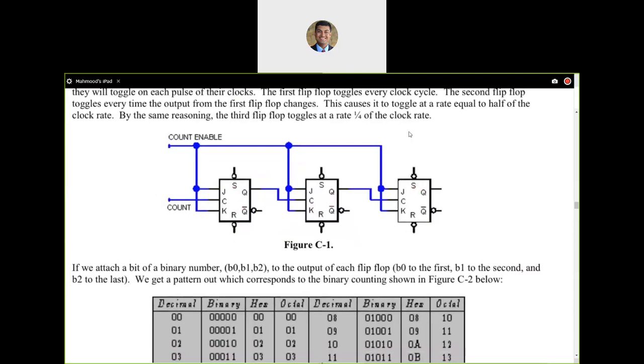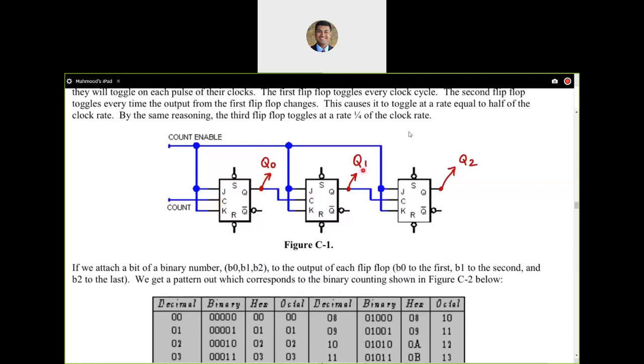Let me indicate the outputs of each flip-flop as Q0, Q1, and Q2. I've conveniently chosen the indices 0, 1, and 2 because I want to use that number to indicate significance. Q0 is my least significant because the main clock or the count input is connected to that flip-flop.